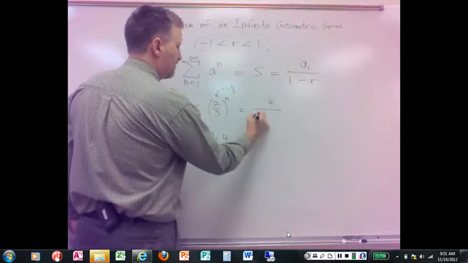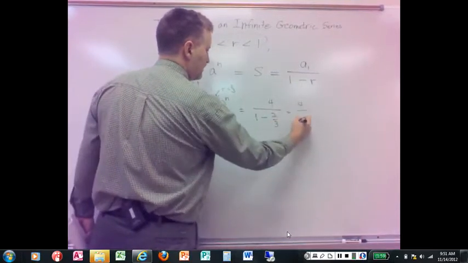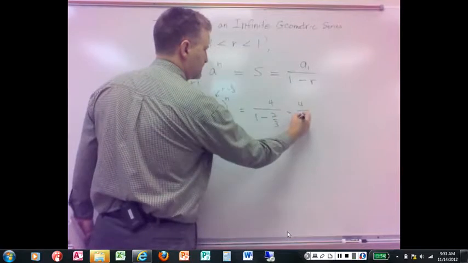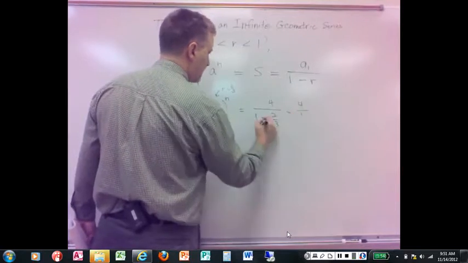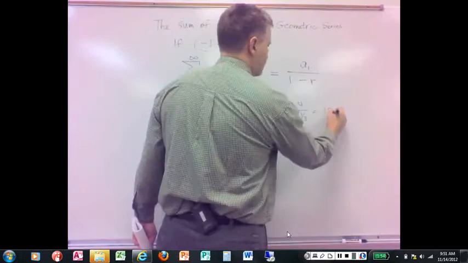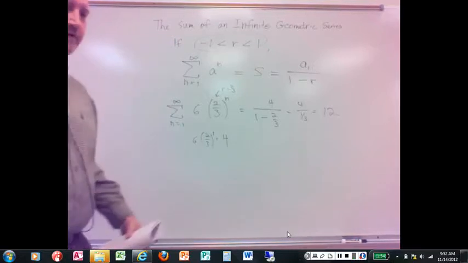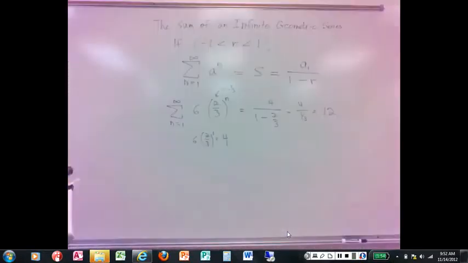I believe that gives me 4. Divide that by 1 minus R, 2/3, so it's 4 divided by 1 minus 2/3, which is 1/3. I believe if you do that, 4 divided by 1/3, 12. I do believe so, right?